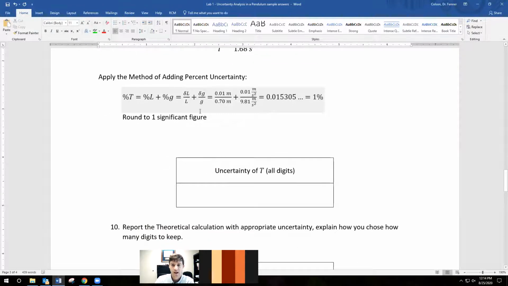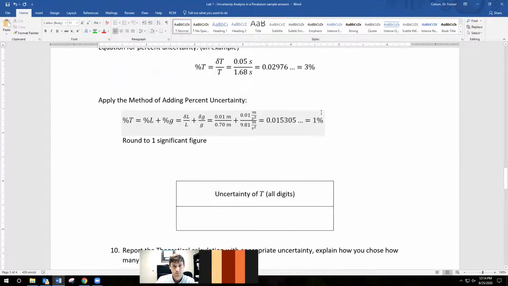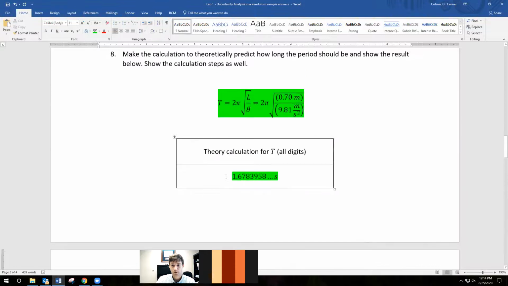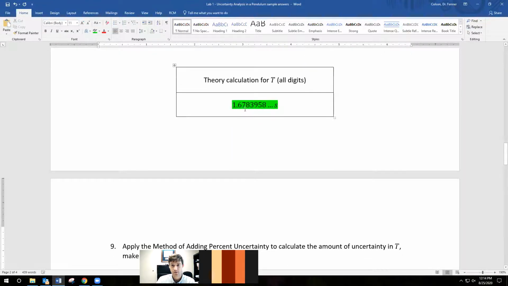All right, so we have the percent uncertainty of the period t, and we also have a calculated value.